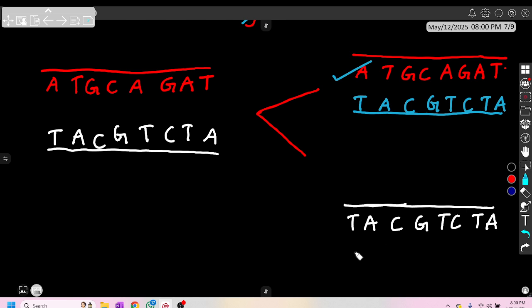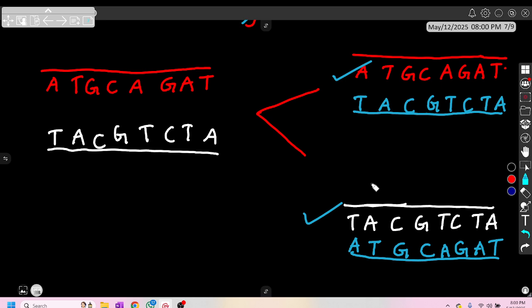Then in the second strand also, what will be the sequence opposite to T? A, then T, G, C, A, G, A, T. So we have got two DNAs, right? From one parental DNA, two daughter DNAs are formed.